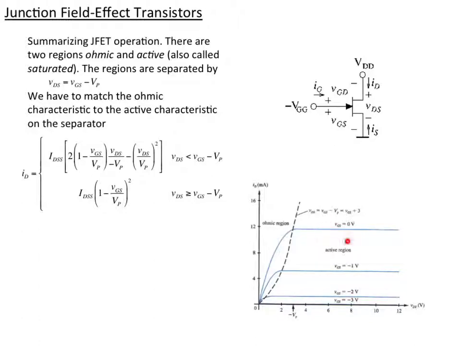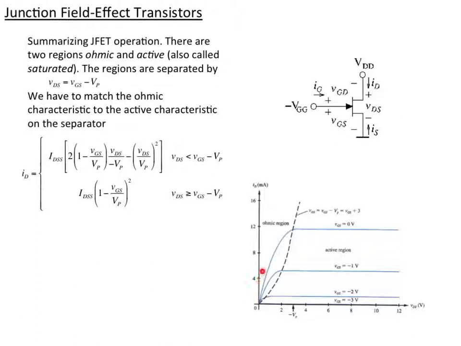In the ohmic region, we have the fairly complicated formula, which we'll just memorize. It still depends on this saturation current IDSS, but it grows with VDS linearly in this fashion. So it grows with VDS with a resistance that looks like this, 2 times 1 minus VGS over VP, and divided by another minus VP.